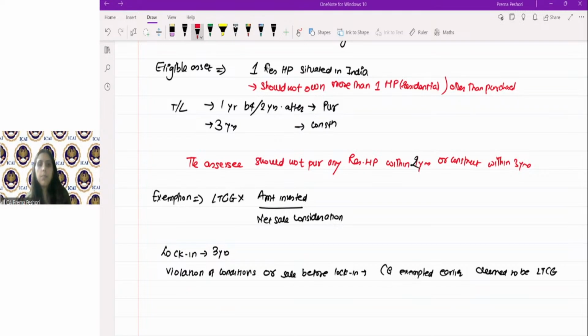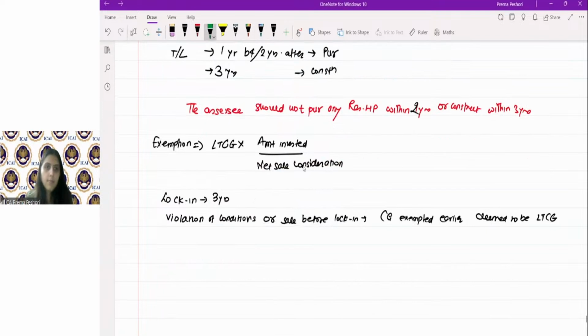You can write it over here. New house need not be in the name of assessee. What is important is that the funds should have been contributed by the assessee, and not that the house should have been owned by the assessee.